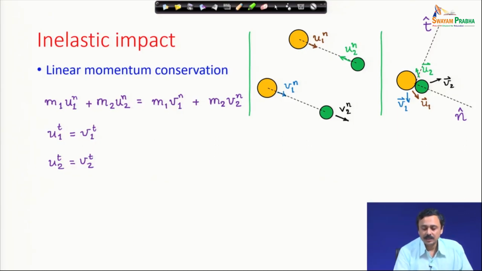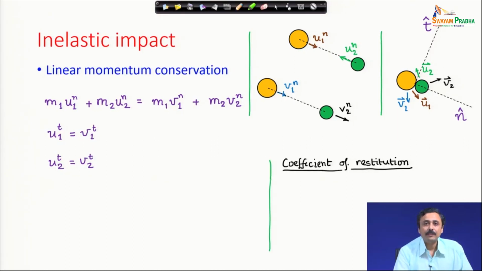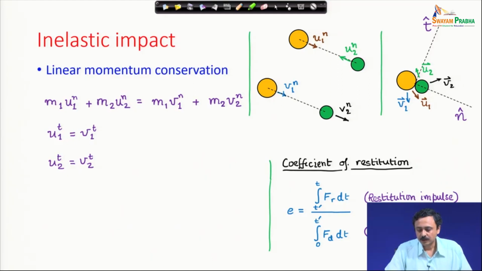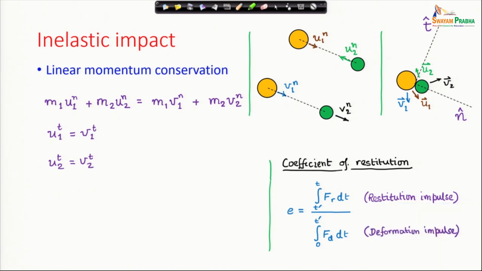What people do is to study something called restitution, the deformation and restitution process during impact, and a coefficient of restitution is defined. How is it defined? The coefficient of restitution is the impulse of the force during restitution divided by the impulse of the force during deformation.